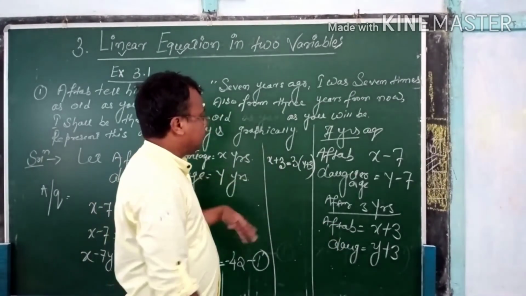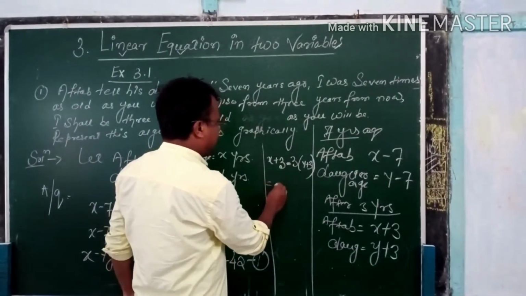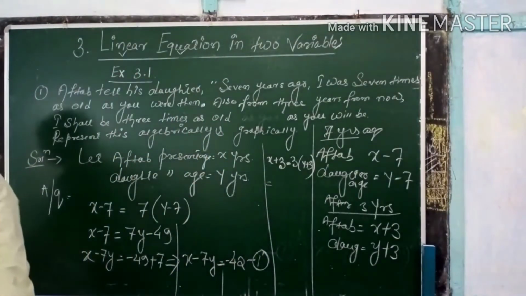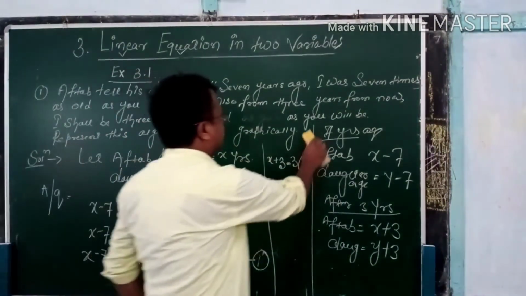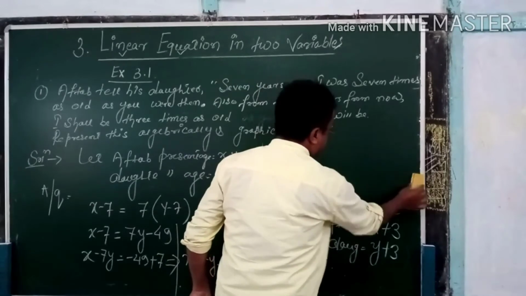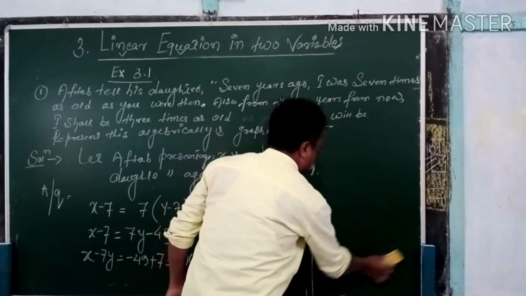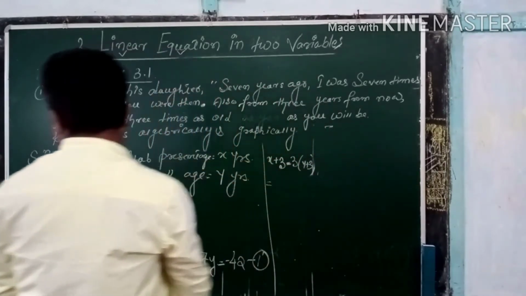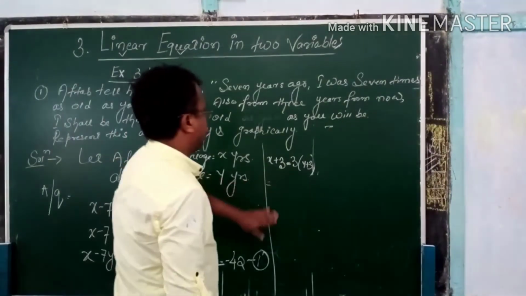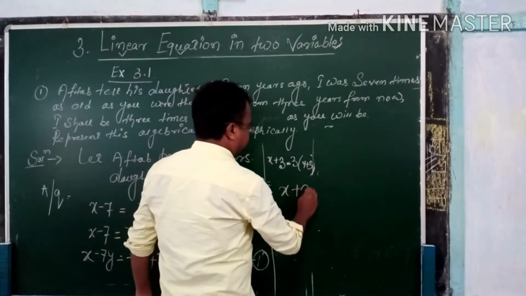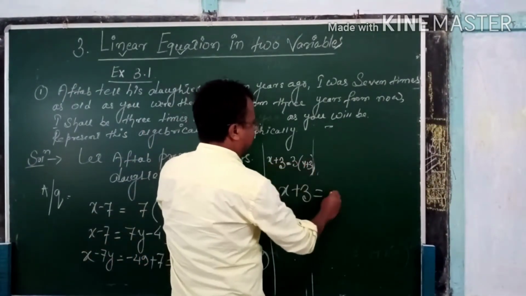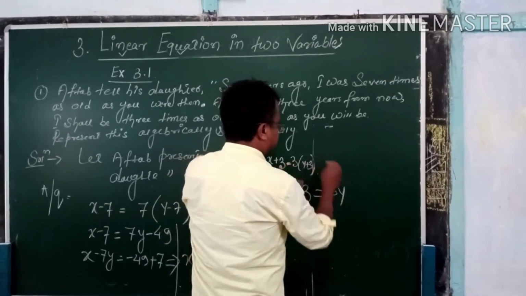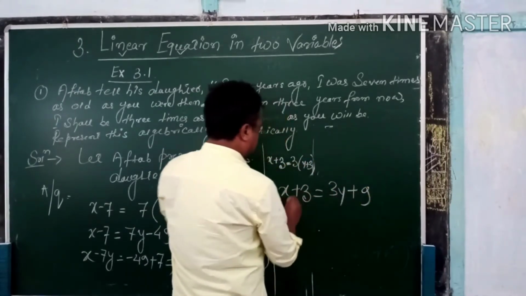Alright, so now we have to simplify this one. So I will grab this portion, no need for this one now. So now x plus 3 is equal to 3 into y plus 3, 3y, 3 3 is 9.